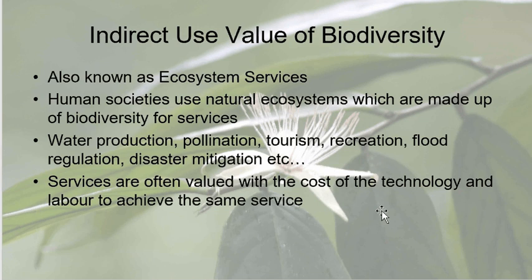Things like water production, pollination, tourism, recreation, flood regulation, disaster mitigation are all used by human societies to stabilize those human societies and also to support economic development. These services are often valued with the cost of the technology and labor which would need to be used to achieve the same service.